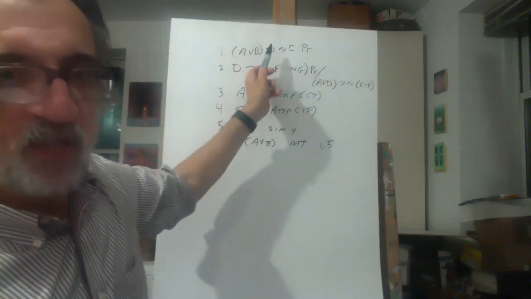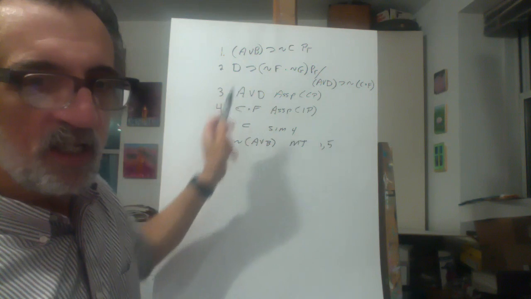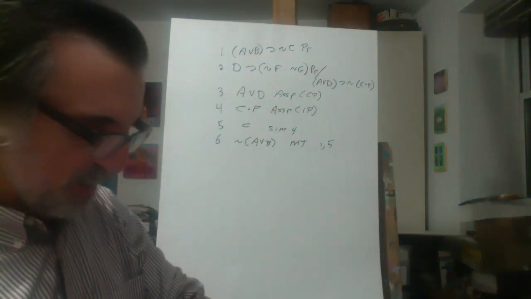Right? Modus tollens: this has a not C in the consequent. So a C comes along, and we take the negation of that.